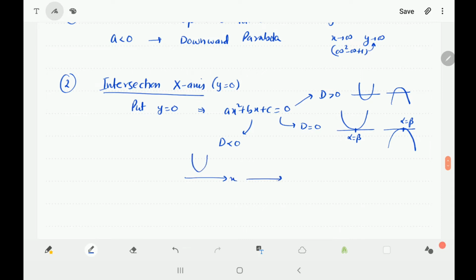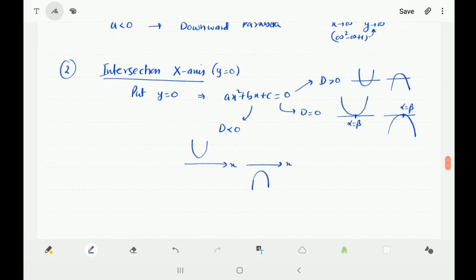Either the parabola will be opening upwards and not intersecting the x-axis, which means it is above the x-axis, or it is below the x-axis. So these are the cases of the parabola with x-axis. If there is some intersection, you just have to put y equal to 0 and you can easily find it out. So these are the three cases.